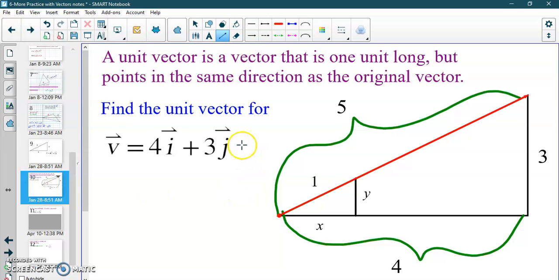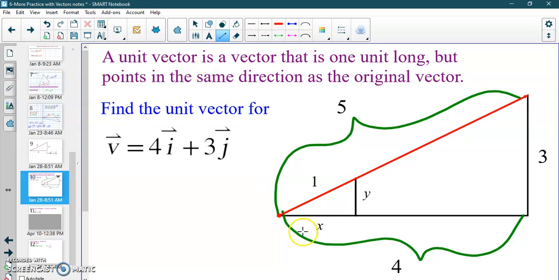Let's say we need to find the unit vector for vector v. A unit vector is a vector only 1 unit long. It still points in the same direction as the original vector. Just like anything else in math, when we talk about its unit, we're talking about just a unit of 1.